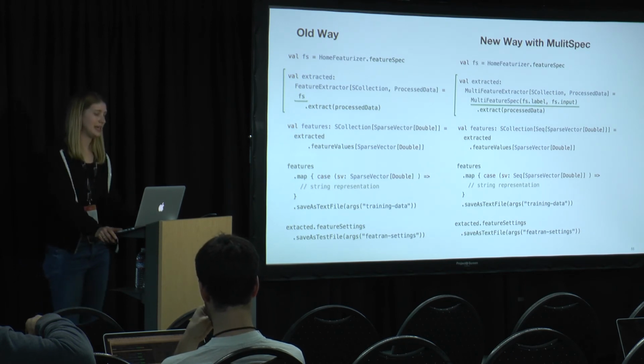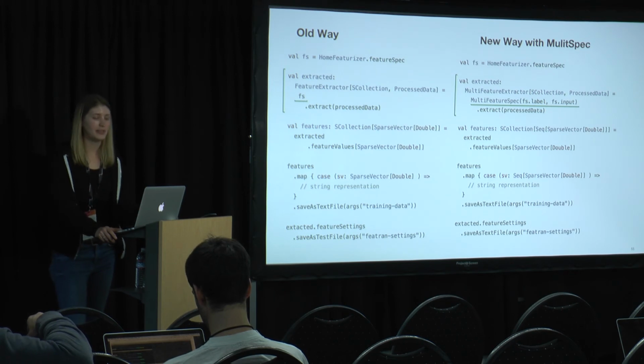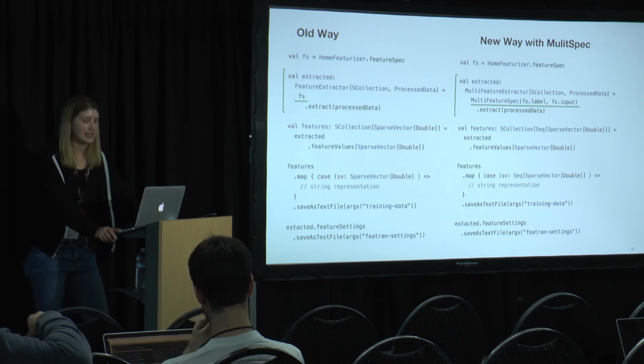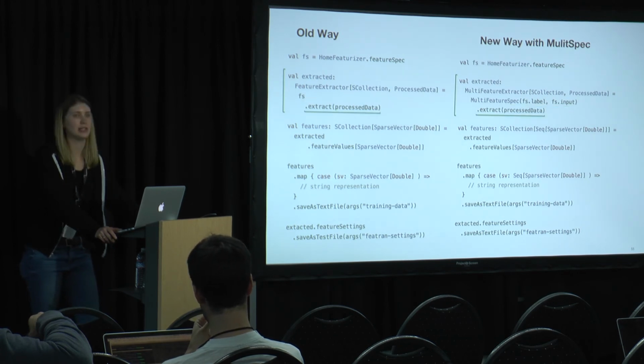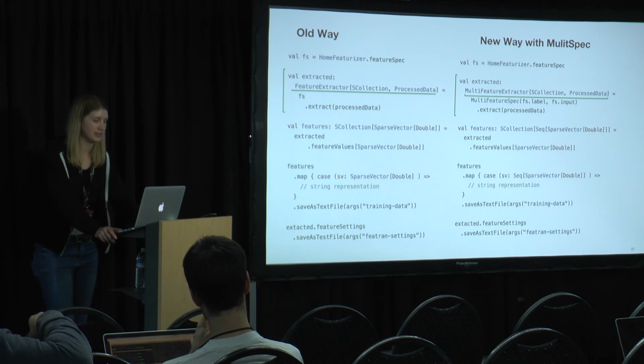So in the old way, since FS just contains one feature spec, we don't have to do anything special and just leave it where it is. In this new way, we're defining a multi-feature spec and just passing it the label and the input. So this is where the name comes from. And similar in both methods, you call extract, giving it your S collection of process data. And in the end, you either have a feature extractor or a multi-feature extractor. So still very similar, just a few subtle differences.